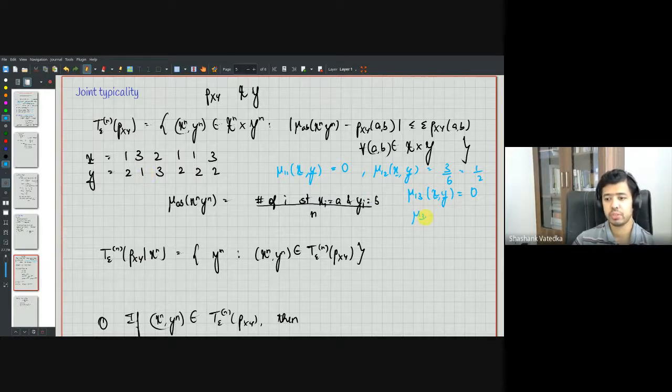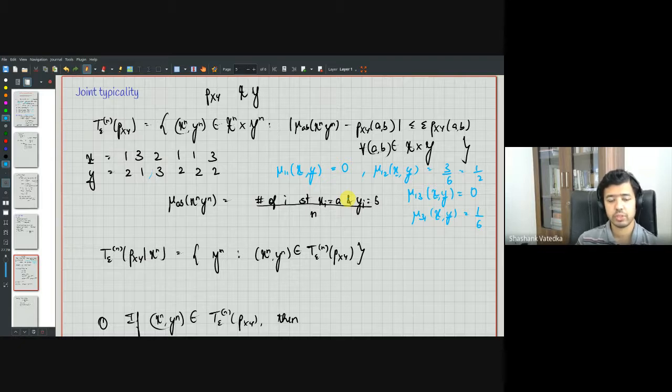But mu_31 of x comma y is non-zero because there is one particular location where x is equal to 3 and y equal to 1, and so on. So you can calculate this for all possible pairs 1 1, 1 2, 1 3, 2 1, 2 2, 2 3 and 3 1, 3 2, 3 3.